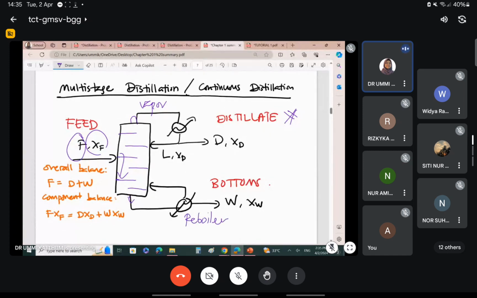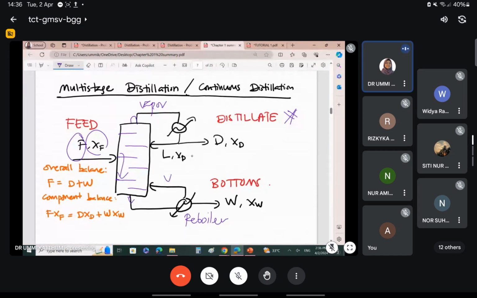Reboiler apa tugas dia? What's the function of reboiler? Jawab. Cepat. Jangan tidur. Liquid to vapor. To heat and to partially vaporize the liquid.